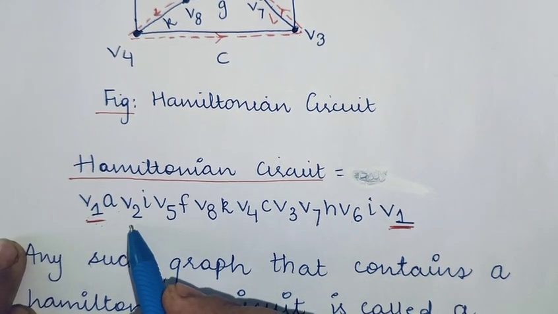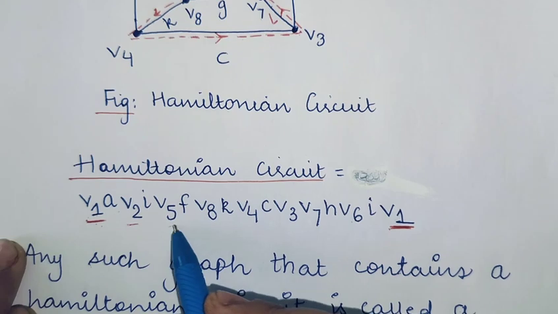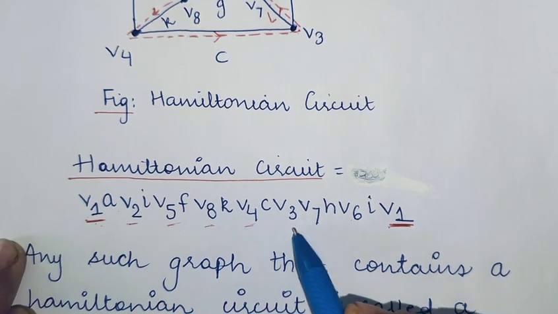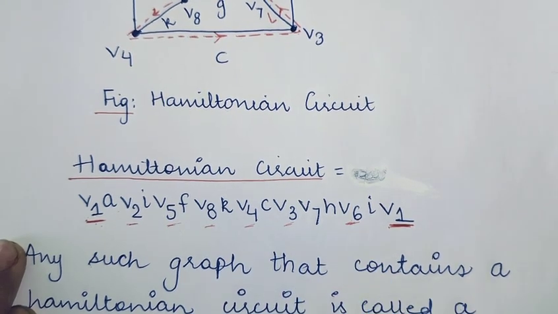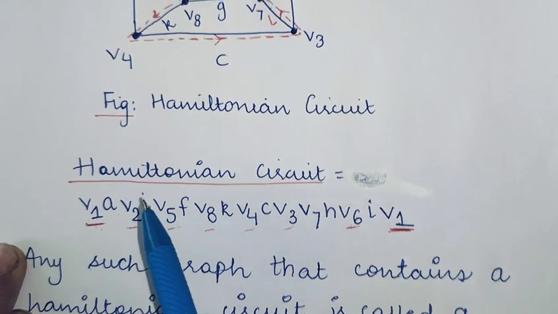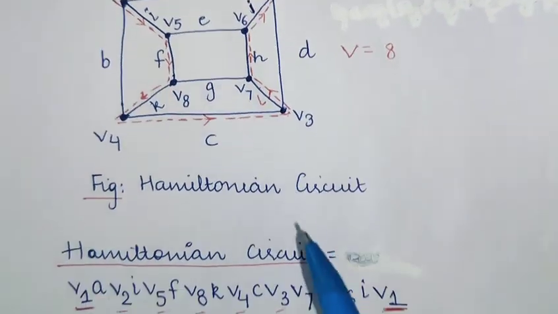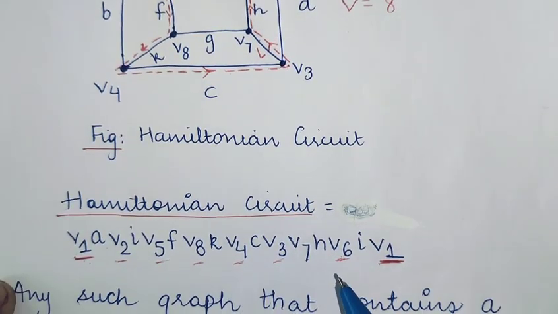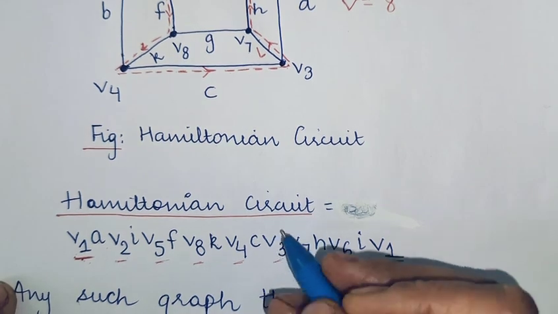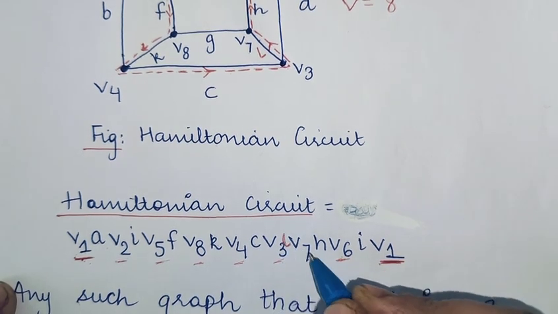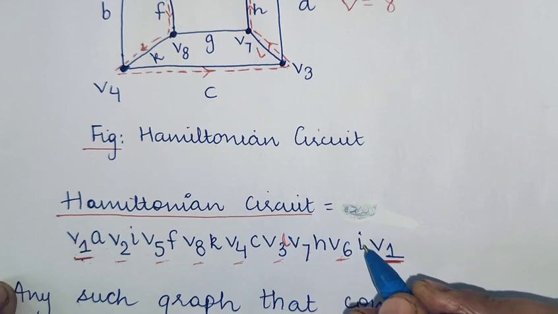But other than that, you can clearly see that none of the vertices in between has been repeated in this walk, plus all the vertices of the graph have been visited once, right? So my walk goes V1, A, V2, I, V5, F, V8, K, V4, C, V3, then from V3 it goes to edge L, then V7, H, V6, I, V1.